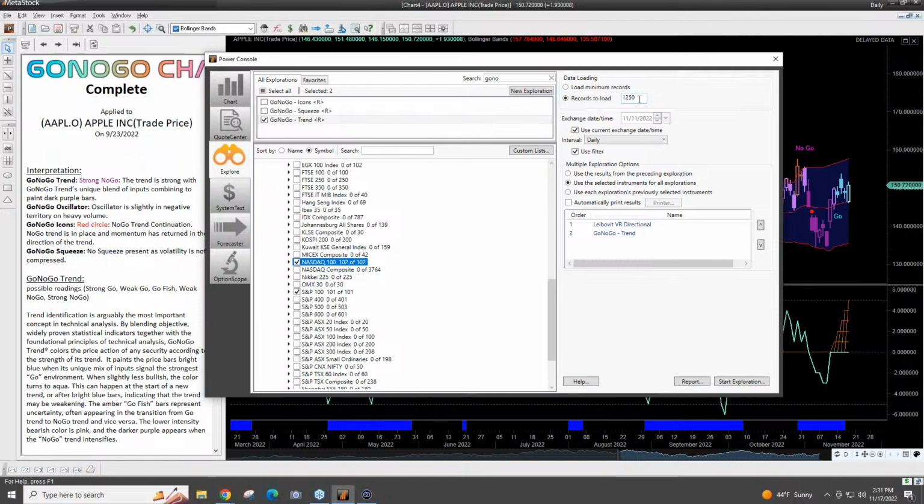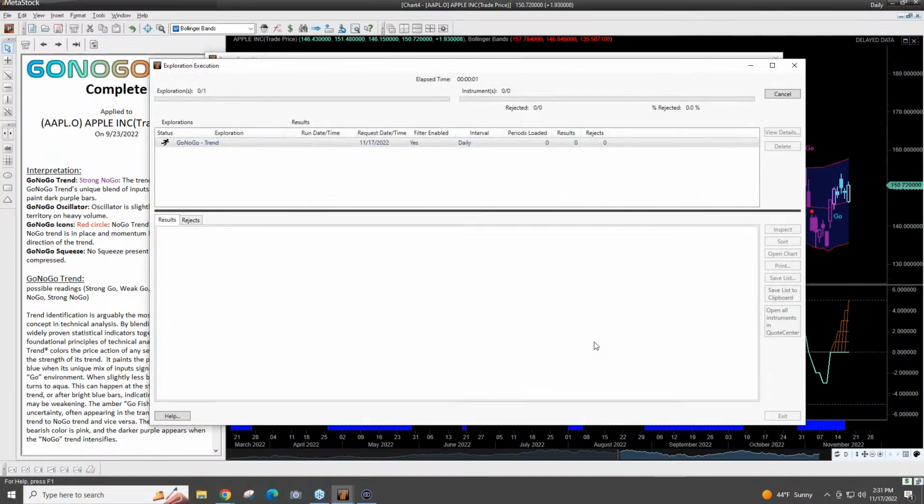We're going to do 5 years of data. I'm going to use the daily time frame. One thing I need to do is uncheck that last one that was run. Okay. So we'll go ahead and run the exploration. And while that runs, I'm going to get a drink of water.